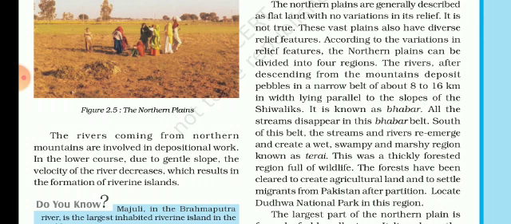Earlier it was thickly forested with a lot of wildlife, but now most of the forests have been cleared for agriculture and to settle migrants from Pakistan after independence. Some forest still remains here. Dudhwa National Park is located in the Tarai region.